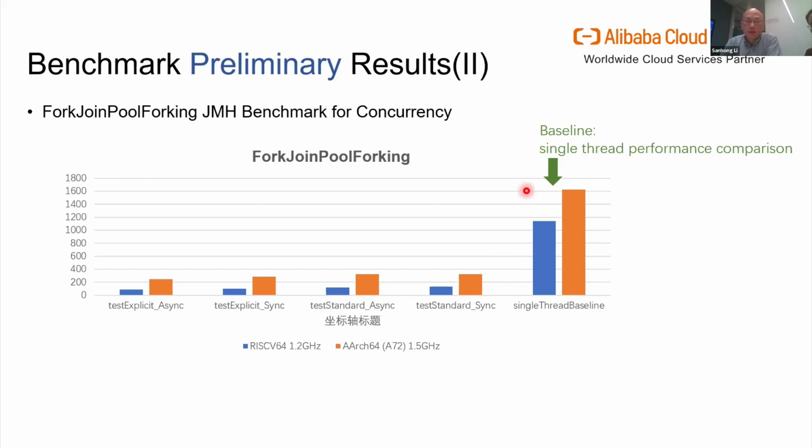It runs in single-thread mode, and we can see the score. The score matches the difference in CPU frequency. So from the single-thread test result, RISC-V could be compared with AArch64.